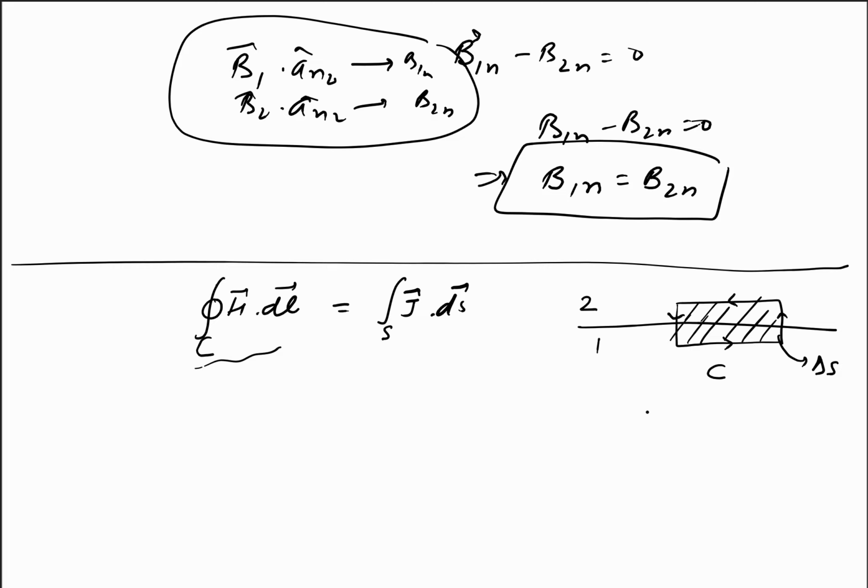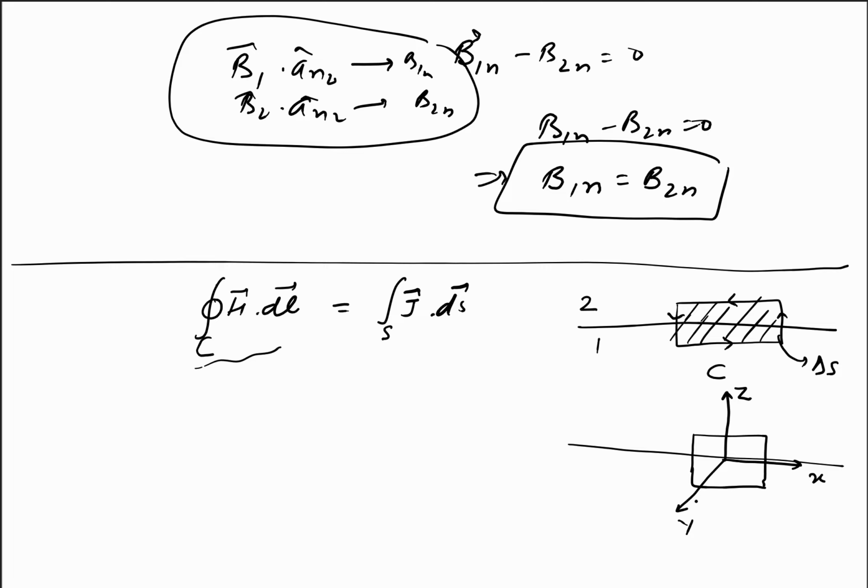Now since we want to derive the equation in vector form, for the sake of simplicity I will assume that we have the x-axis in this direction, the y-axis perpendicular to this, and the z-axis perpendicular to the paper. So this is x-axis, this is y-axis, this is z-axis.